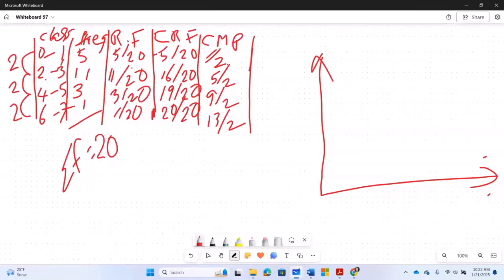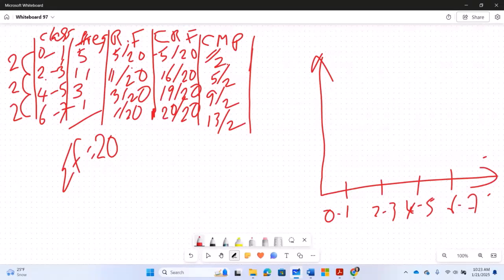So classes will be on the horizontal axis. I have 4 classes, so I can put the classes here from 0 to 1, 2 to 3, 4 to 5, and 6 to 7. Alternatively, I can use class midpoints.